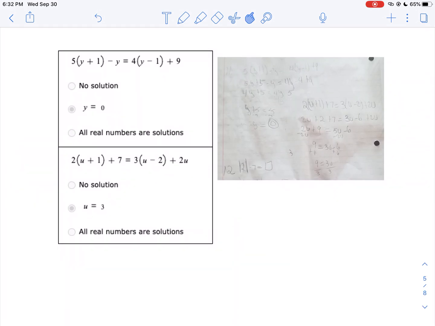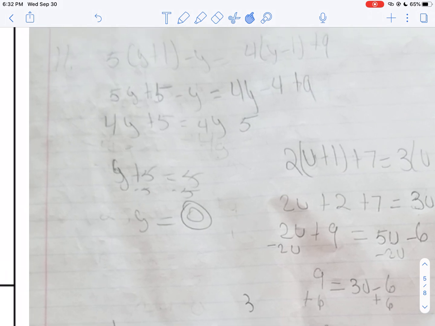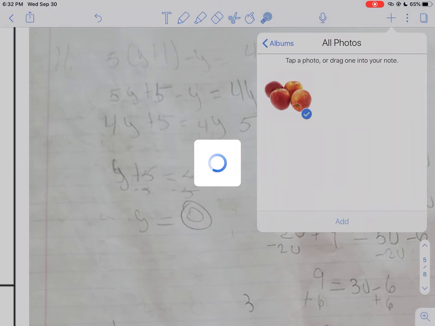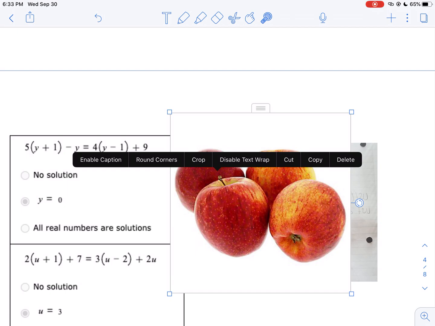On this problem, I get to have a little fun here. This is all correct right here. 4y minus 4y. Let me show you a little picture here. Let's say I've got 4 apples. I take away those 4 apples.